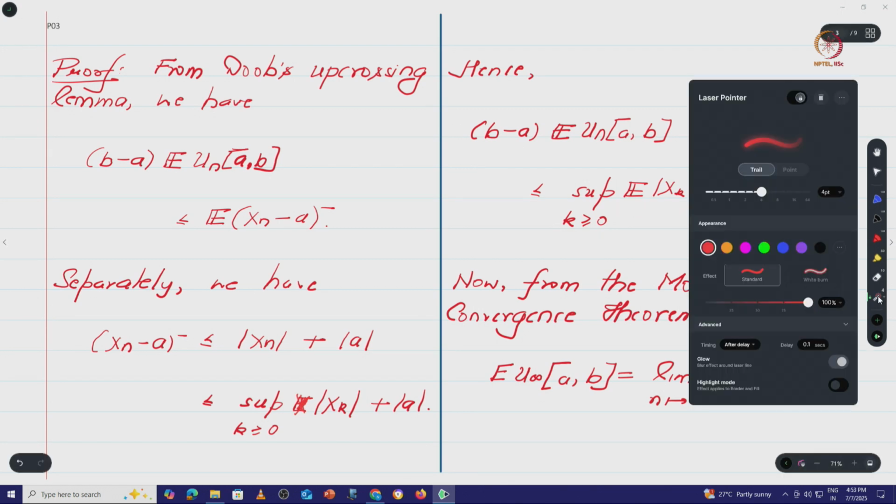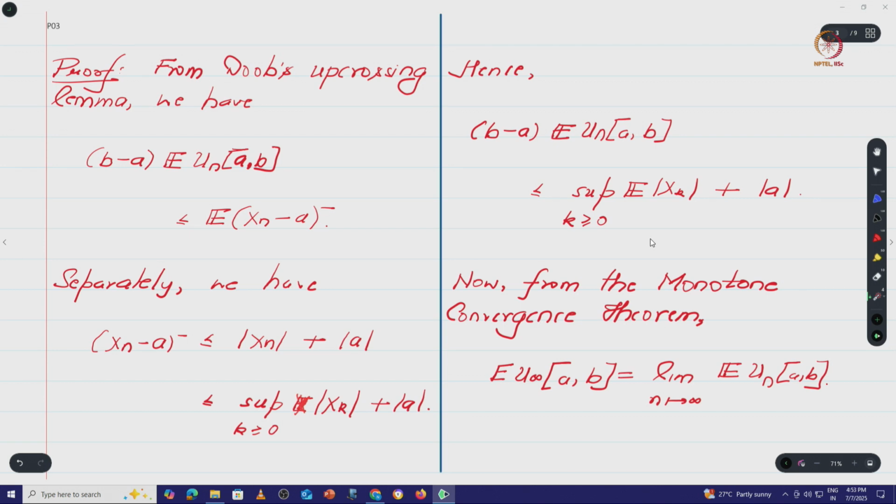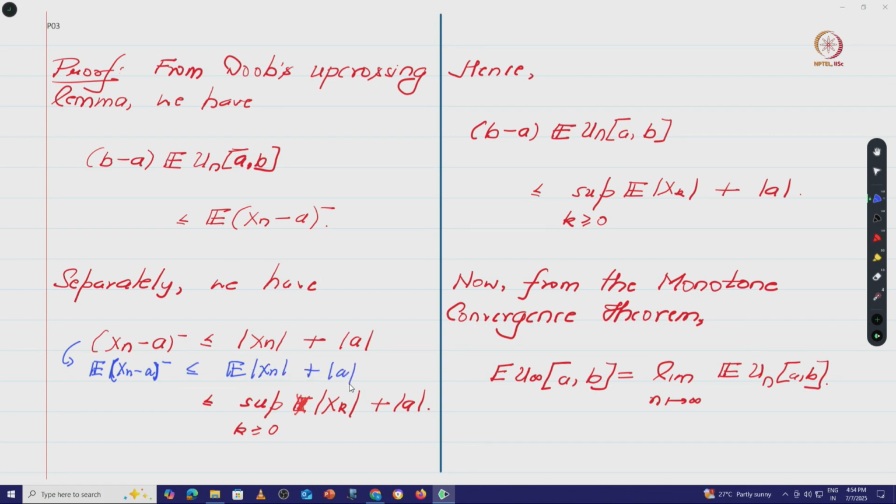Okay, there is a small typo that I made. Actually what I should say is that this inequality over here implies the expected value of (Xn minus a) minus is less than or equal to the expected value of the absolute value of Xn plus the absolute value of a, and then one can conclude that this is less than or equal to this.